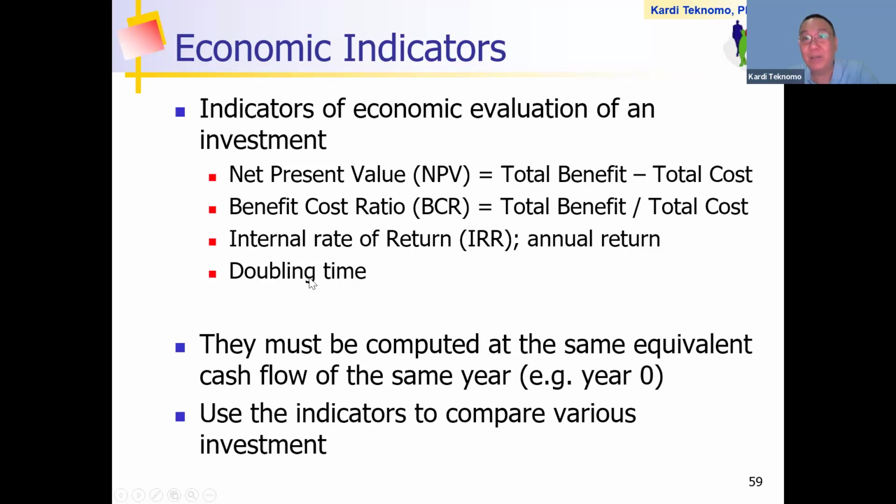Another evaluation indicator is doubling time. But having this simple formula is not enough. Why? Because some projects last longer than others, and they may have a different interest rate over the years. In that case, you cannot compare chicken and duck. You must compare chicken with chicken. So you need to compute them at the same equivalent cash flow.